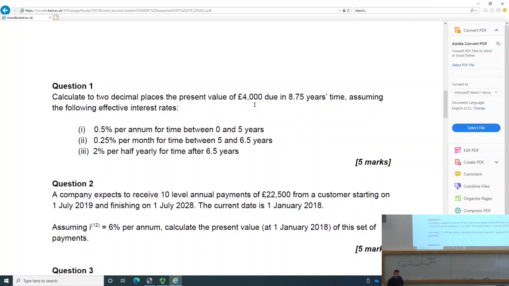Okay, right, good. So we know we're going to discount this back, so we're going to come back all the way to here. So we're just going to work out the various discount factors. I'm just making sure that's clear enough for everybody.